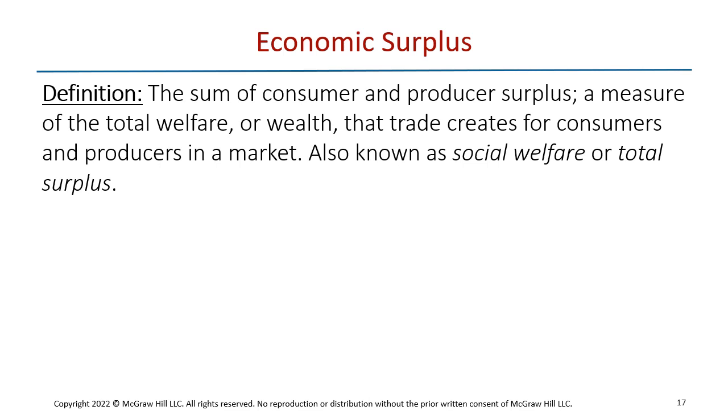It's simply you're adding up the consumer surplus and the producer surplus to look at, in the economy, how much surplus is there, how much money is being exchanged, and how much people are benefiting from this market. So the idea is that the larger the total surplus, or the economic surplus, the better people are off.